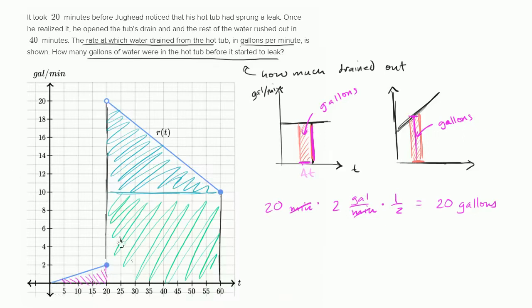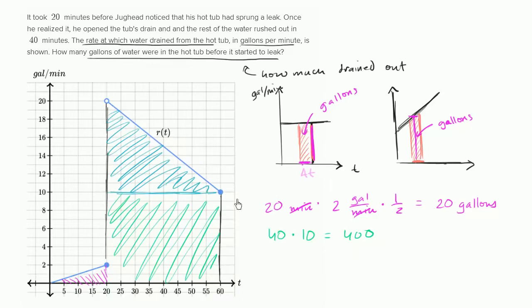And then this green area is going to be 40 minutes times 10 gallons per minute. Since I'm breaking it up in this strange way, I'll just figure out this area in a unitless way. So 40 times 10, which is equal to 400. And then finally in blue, I have 40 times this height right over here between 10 and 20, which is another 10.